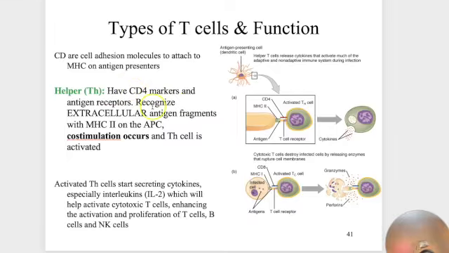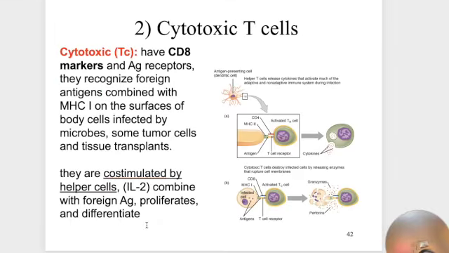They have the CD4 marker and an antigen receptor, and recognize extracellular antigen with MHC2. Okay. And here's MHC1, which activates the natural killer cells. Cytotoxic T cells have CD8, which is MHC1.